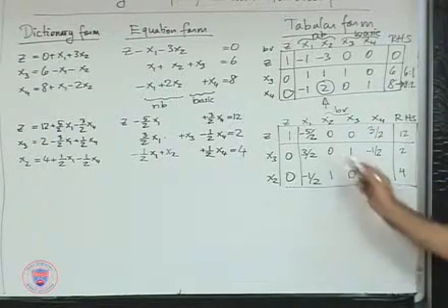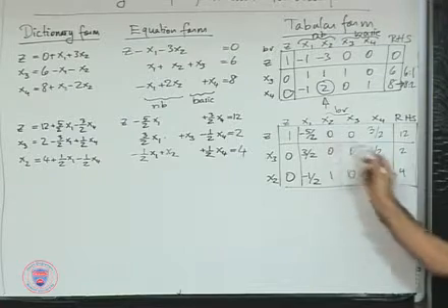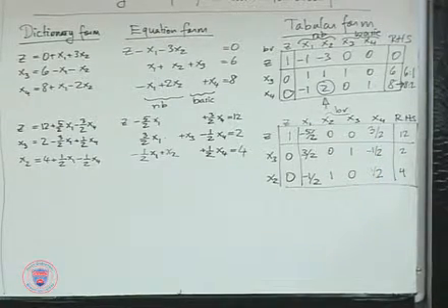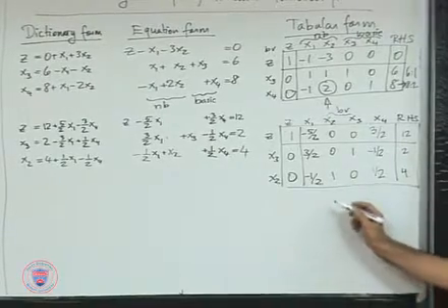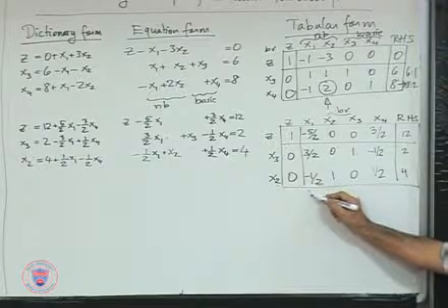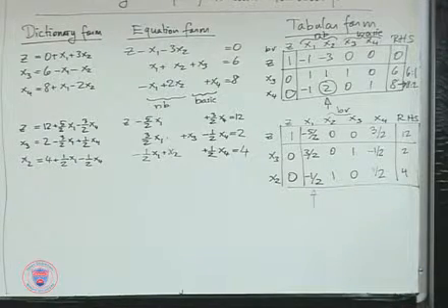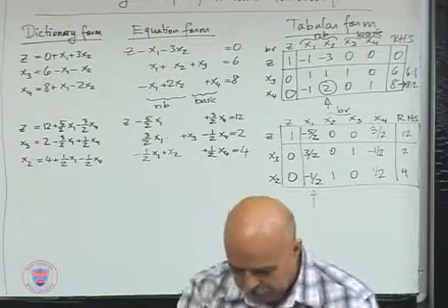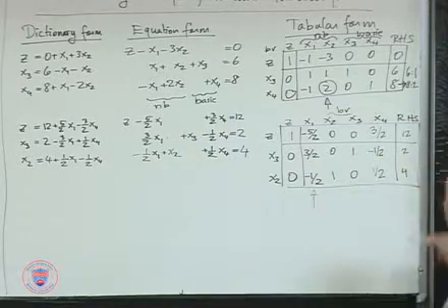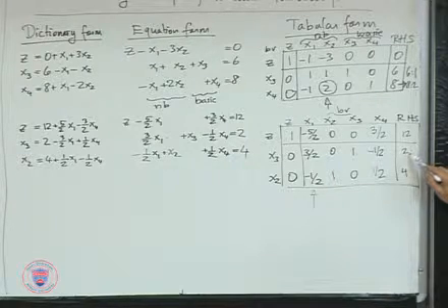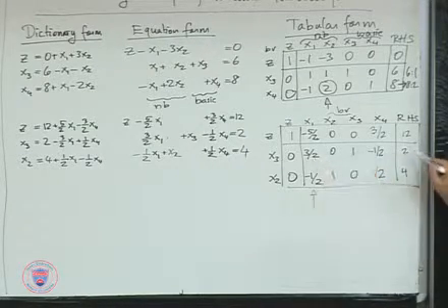Okay? These are the basic variables right now. I again inspect the coefficients in row 0, and I'm trying to increase my objective function value, so I choose, there's only one negative here, this one as my entering variable. Then you look at your ratios, but there's only one ratio.